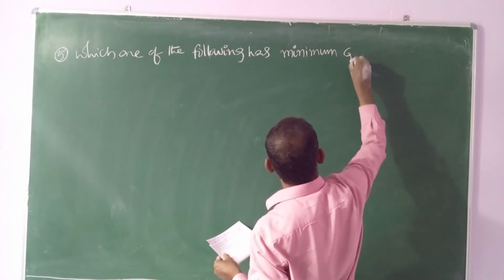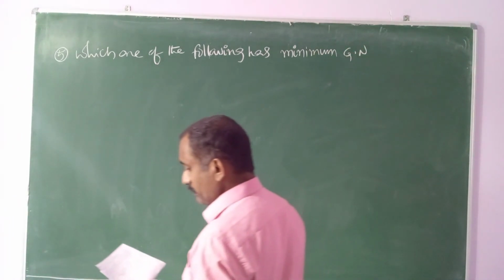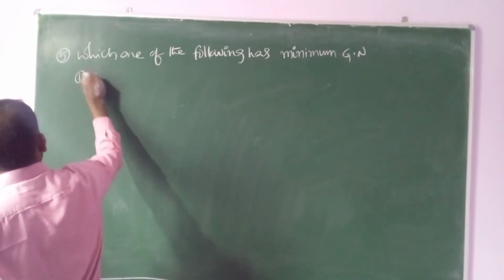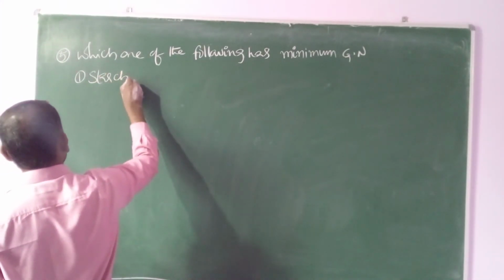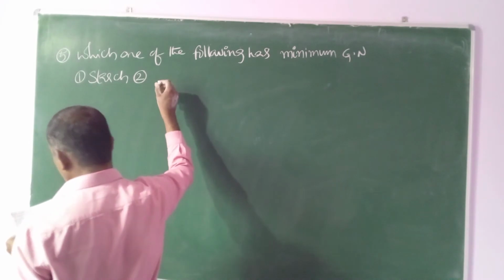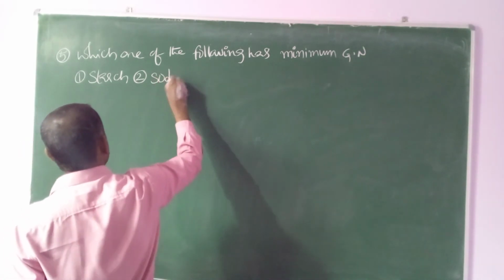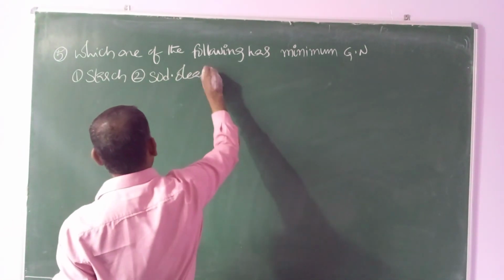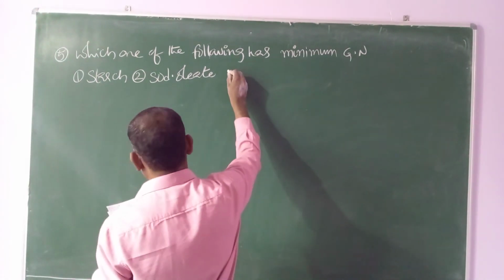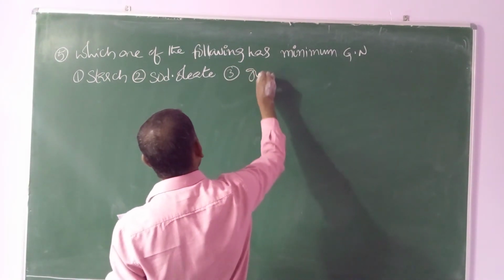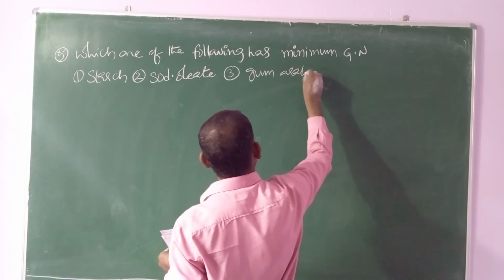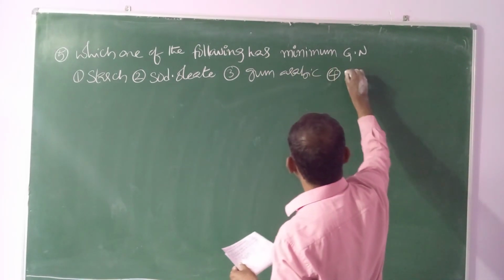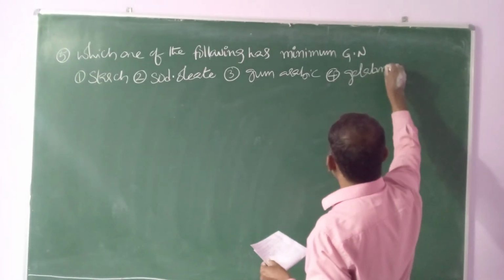First one, starch. Second one, sodium oleate. Third one, gum arabic. Fourth one, gelatin.